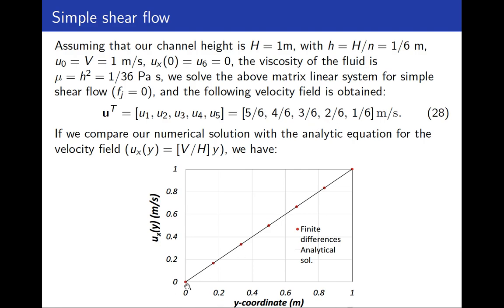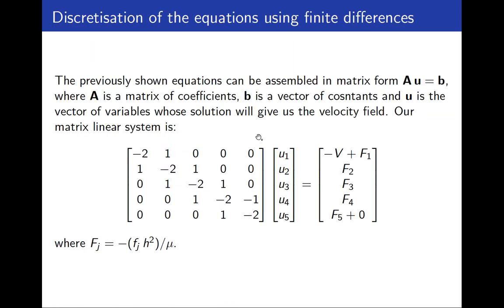Here I introduce the boundary condition: at y equal to 0, the velocity is equal to 0, and when y is equal to h, and h is equal to 1, I introduce the velocity value at the top plate. The points in the middle correspond to the values obtained from the matrix linear system, and the straight black line is the analytical solution. So you can see that the finite difference method gives us a good solution to this equation.